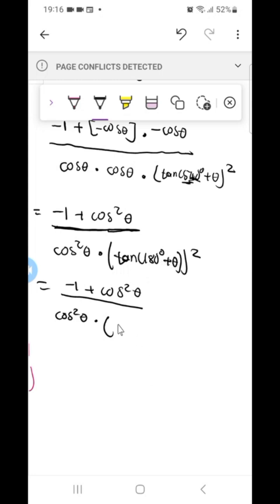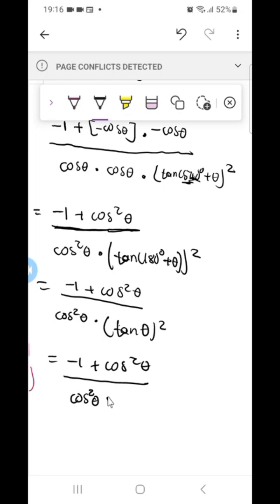So you'll end up having tan theta, and then you square that, so you have negative 1 plus cos squared theta over cos squared theta, and then you multiply that, and you're going to get tan squared theta.